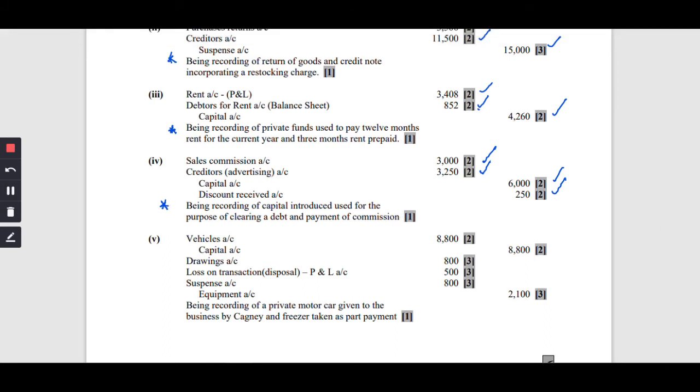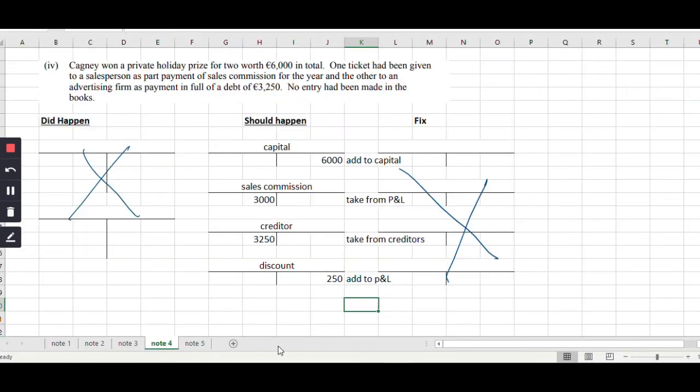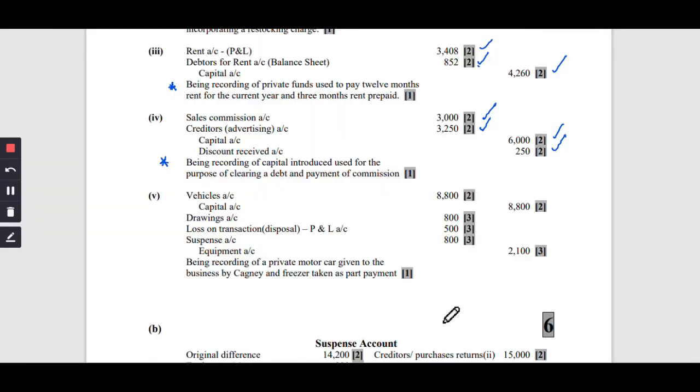The last note, like I said, was the trickiest note. If we go back to note 5, you'll see here we're looking at the fix column. So there's credit equipment, credit capital, debit vehicles, debit drawings, debit loss, and debit suspense. If we look here, we have all of these things.